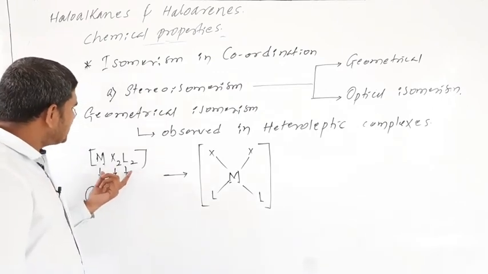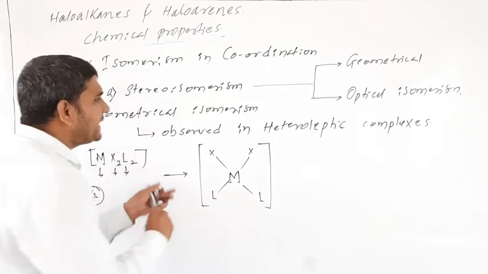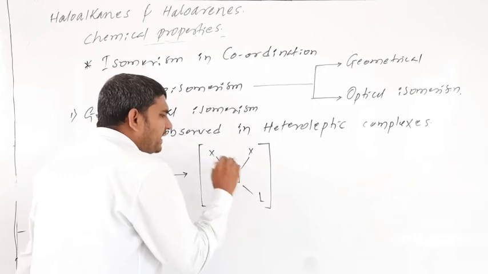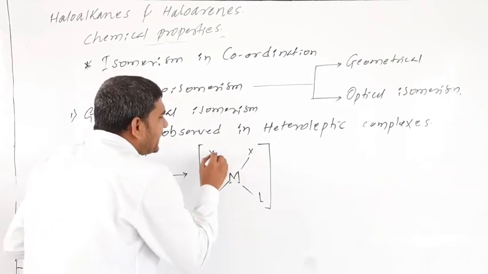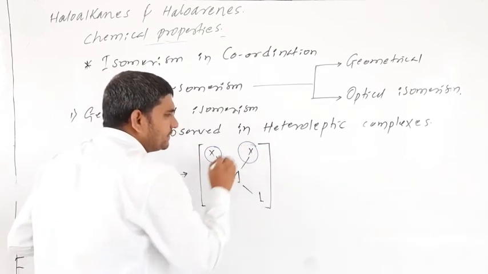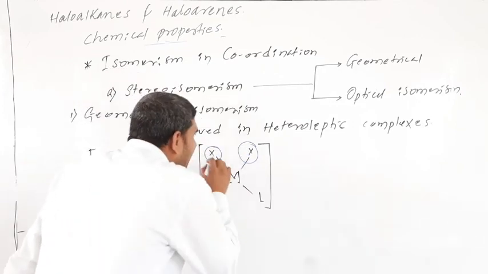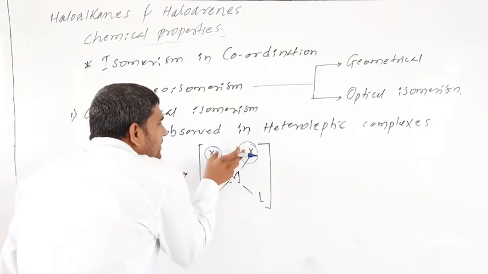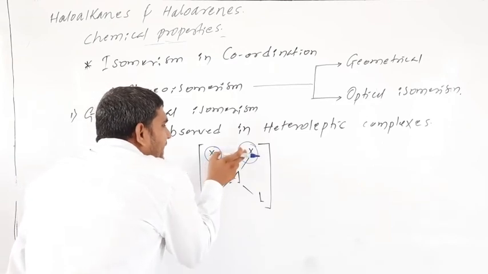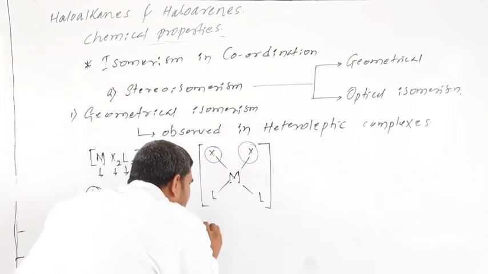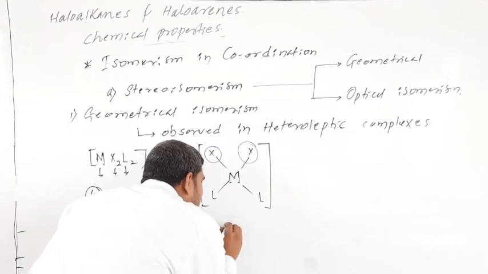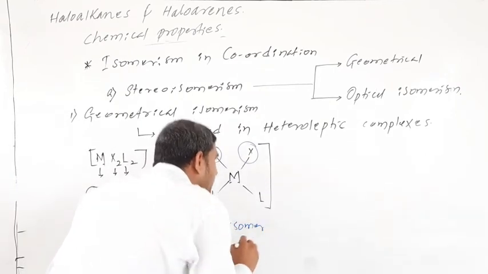Over here in this type MX2L2, I can write 2 isomers. One isomer where the same groups are present on the same side, adjacent to each other. If the identical ligands are adjacent to each other, that isomer is known as a cis isomer. Listen carefully.